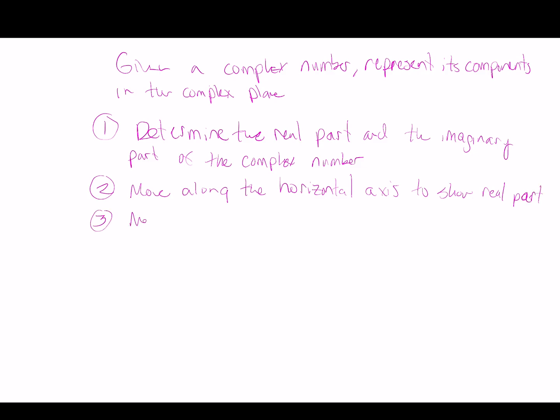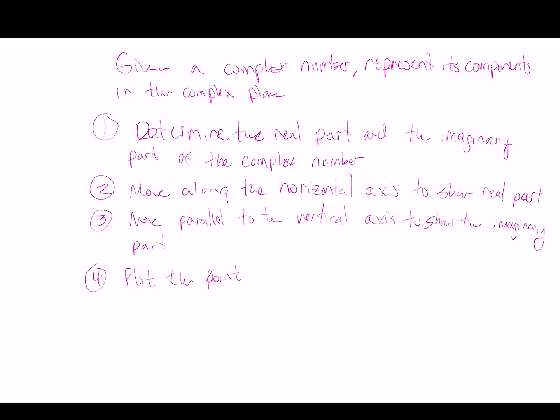Then we move parallel to the vertical axis to show the imaginary part. And finally, we plot the point at that intersection.